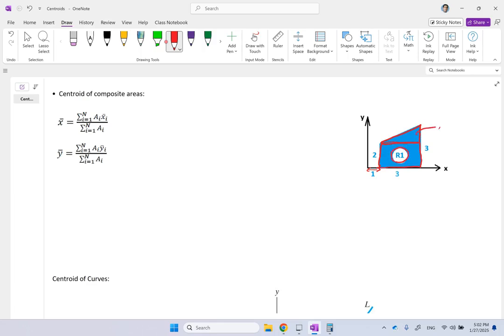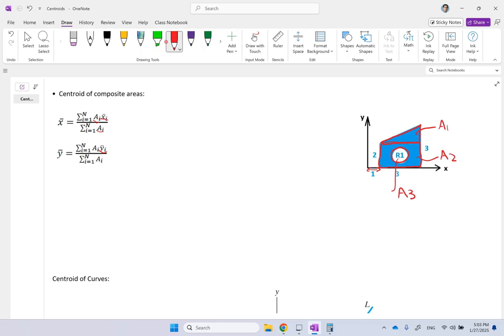I call them shape A1, shape A2, and this hollow one, I call it A3. And I need to calculate their areas, and I need to calculate the location of their centroids. That's all I need to do.